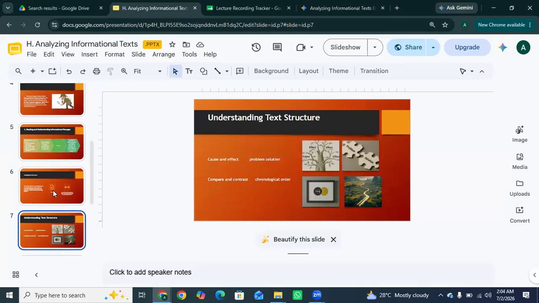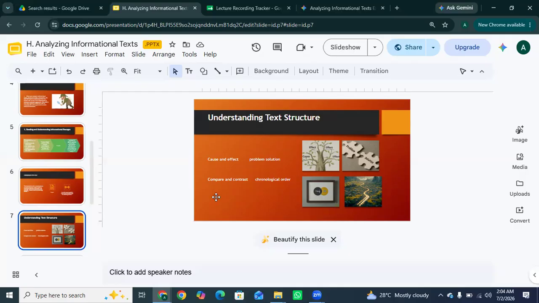The next one is understanding text structures. Basically it explains that authors organize their writing in different ways depending on what they are teaching. The first one is cause and effect, showing how one action makes something else happen, like a tree growing because of water and sun.